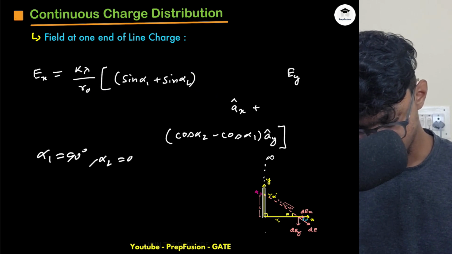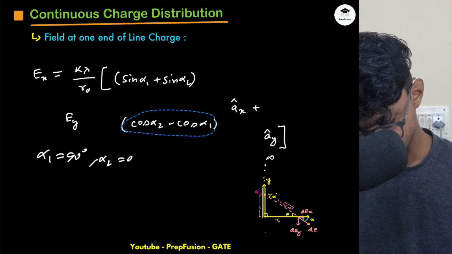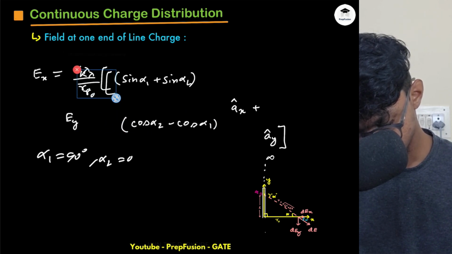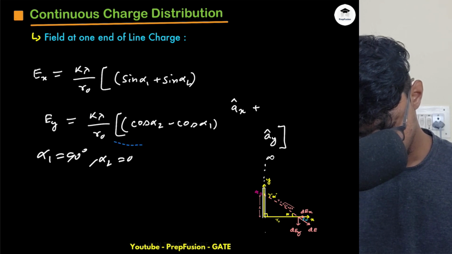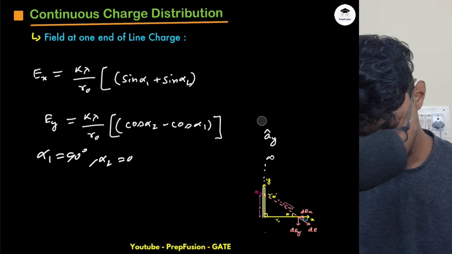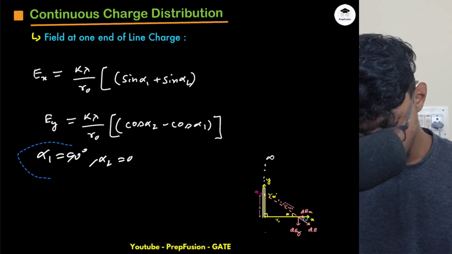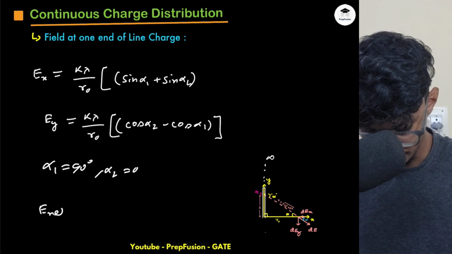This is the Ex component and this is the Ey component. That's the best way to go about it, because if you try to identify the directions from the expression, things will become messy.